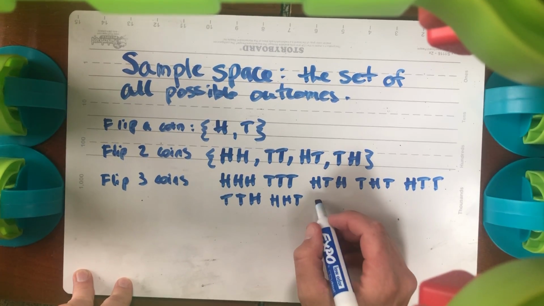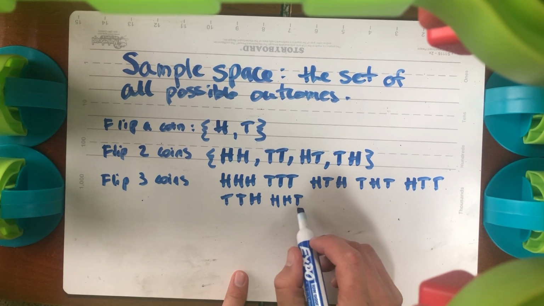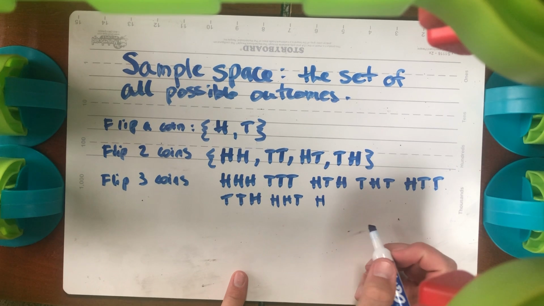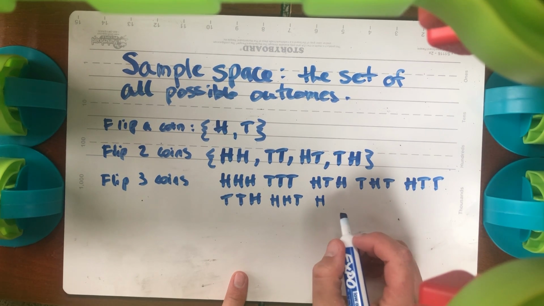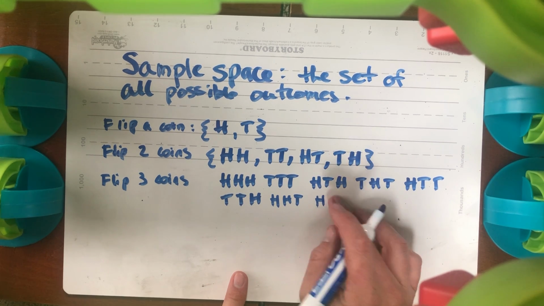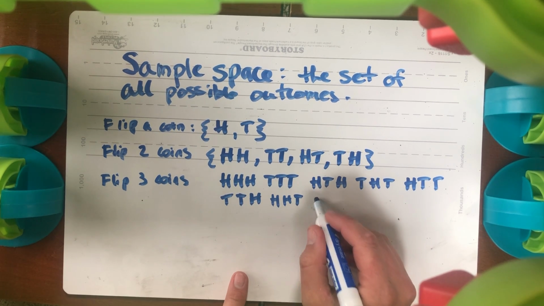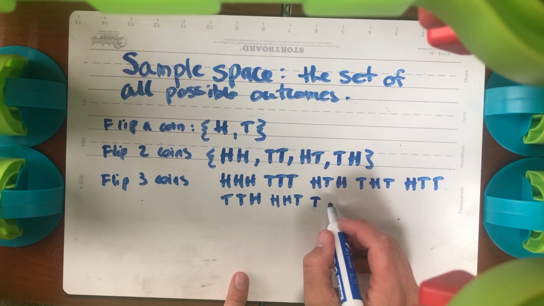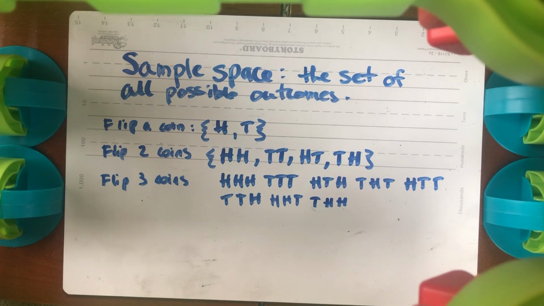We can go, let's see here, tails, heads, heads. And those are the only 8 things that we can get, so that becomes our sample space.